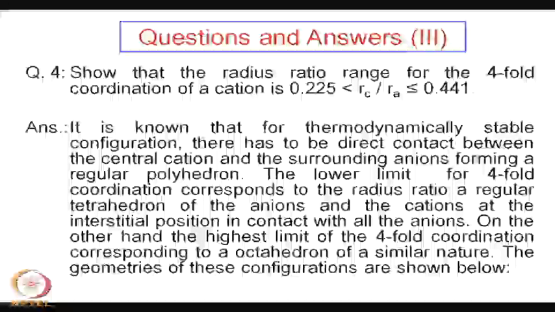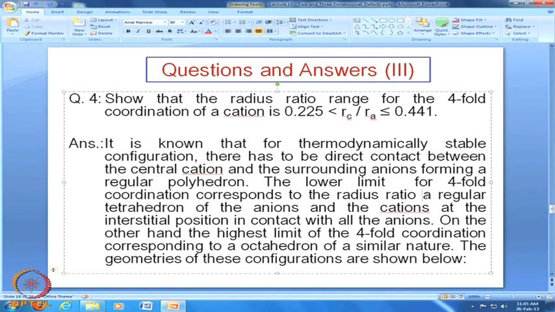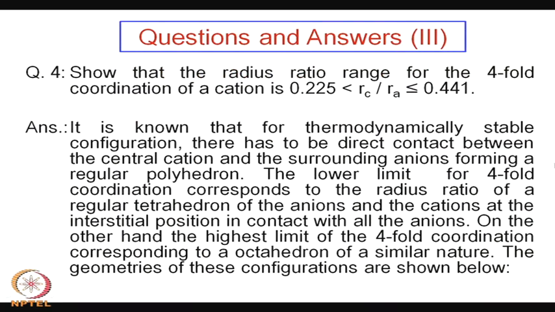The lower limit for fourfold coordination corresponds to the radius ratio of a regular tetrahedron of the anions, with the cation at the interstitial position in contact with all the anions.